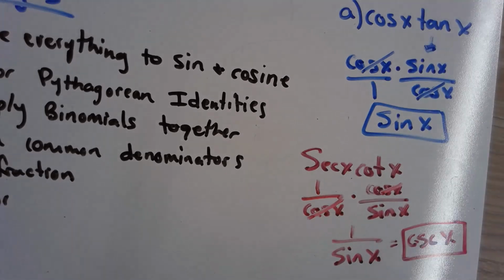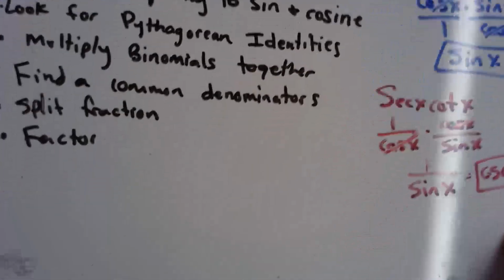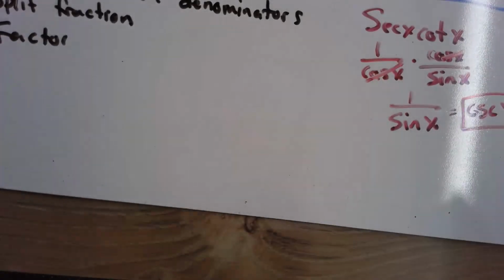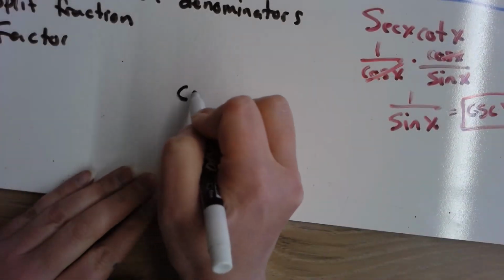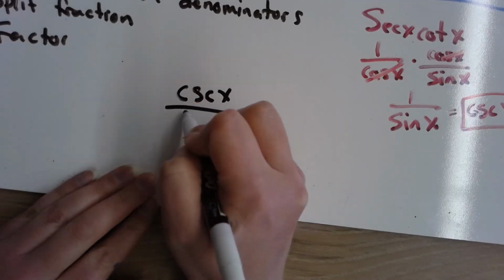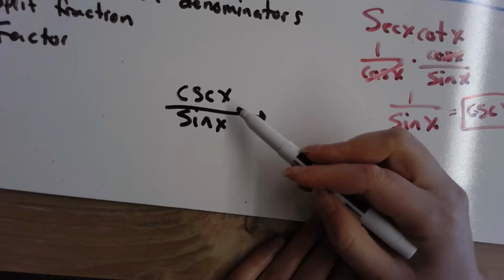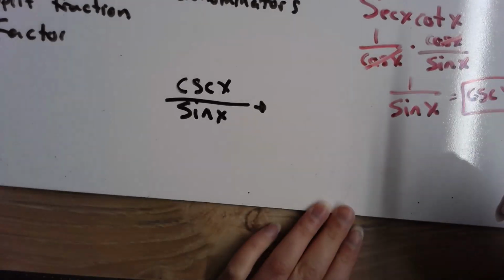Okay. Here we go. We're just going to do a bunch of examples, and if we need to, we'll split this up into a couple of videos. So our next one I'm going to do is cosecant x over sine x. This one's tricky because cosecant is a reciprocal identity.